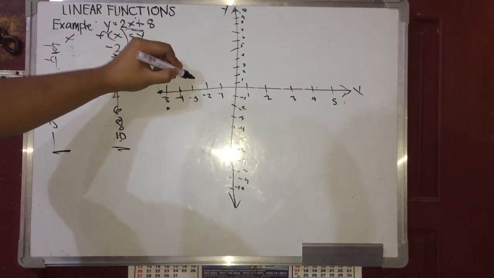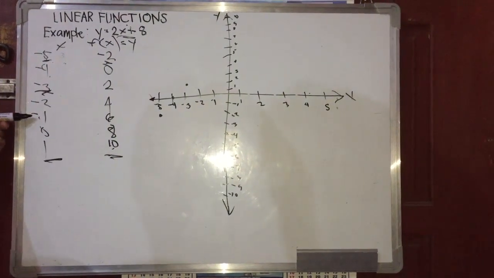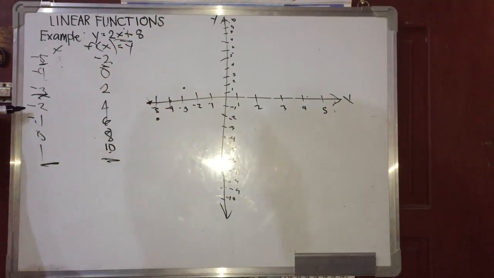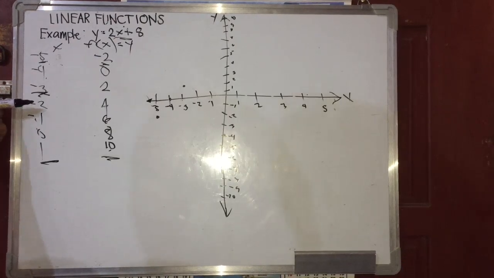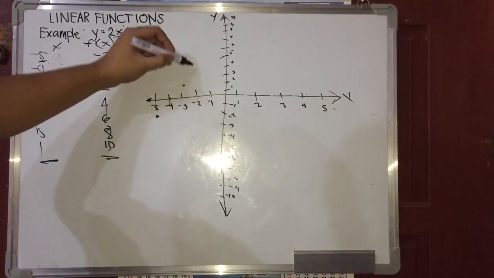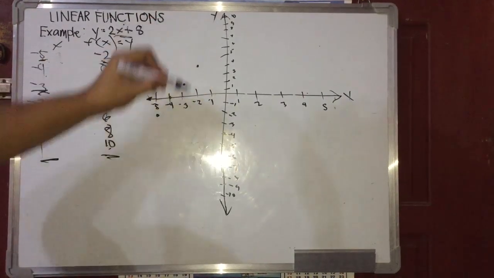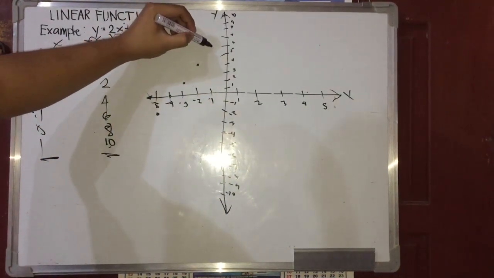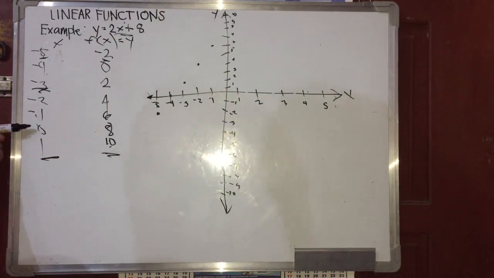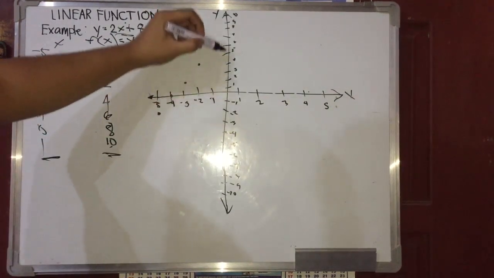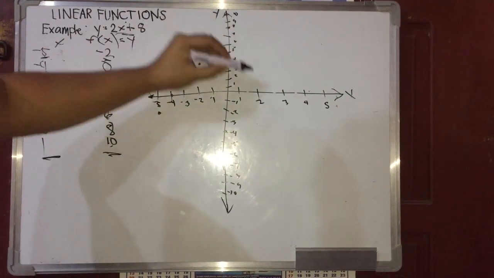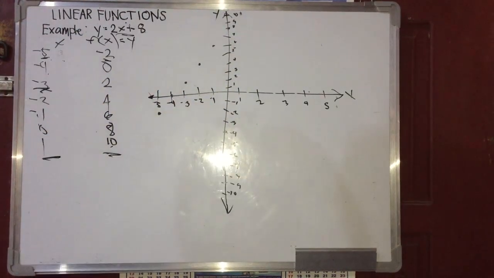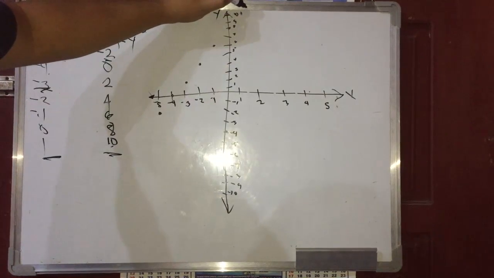Sorry, -2 to +4. Then -1 to +6, 0 to +8, then 1 to 10. So our graph is just like this.